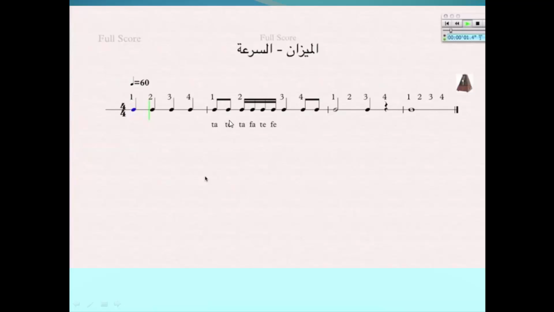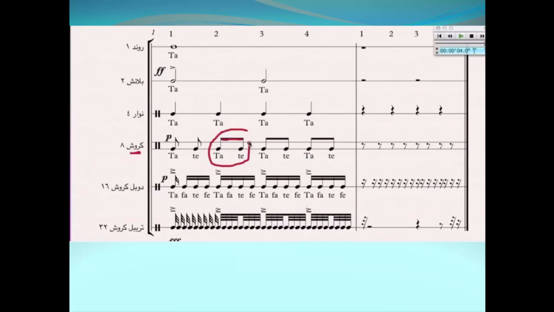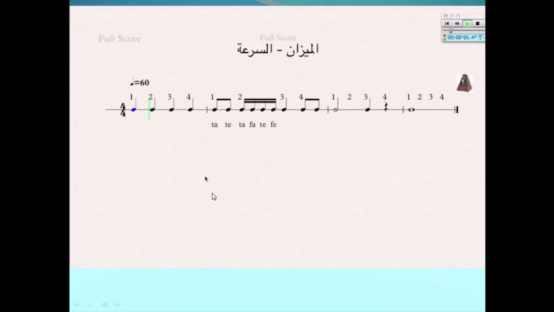This is exactly what I did here. I can cancel this and put ta and ti. Also, I can put ta, fa, ti, fi. Notice that one ta is equal to ta, ti, or ta, fa, ti, fi. So it's up to you.